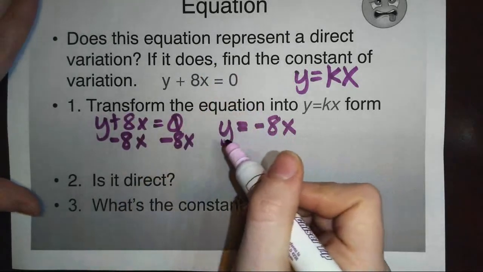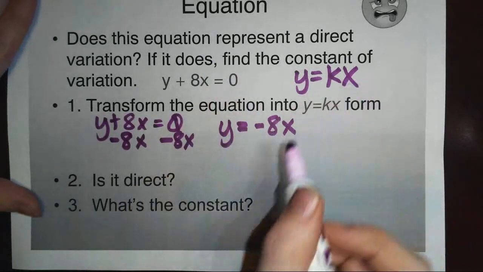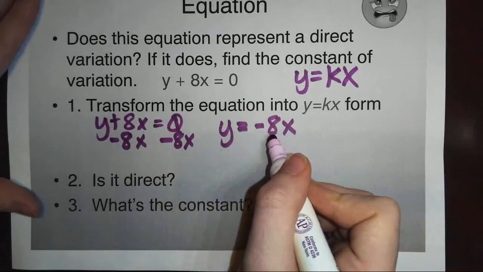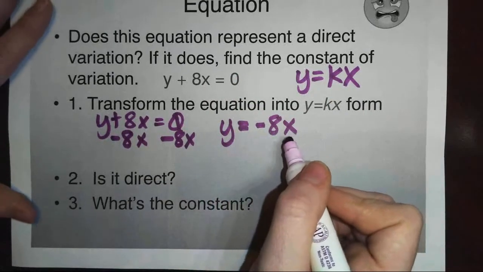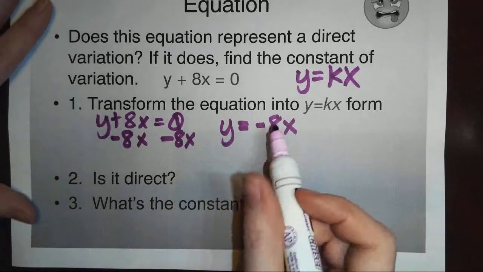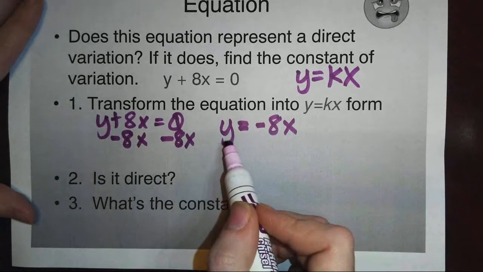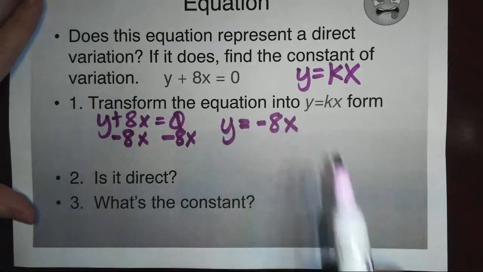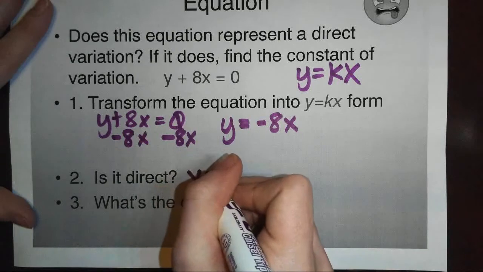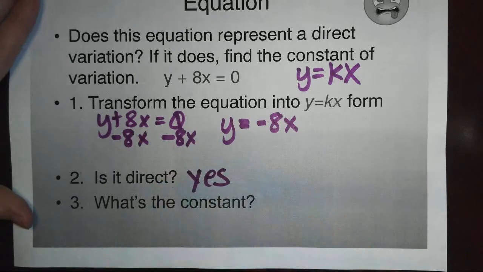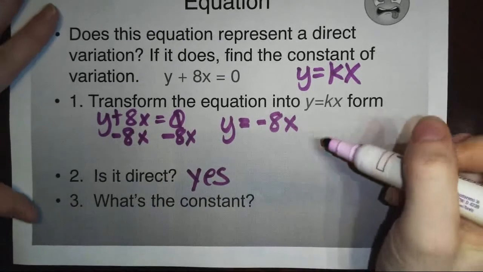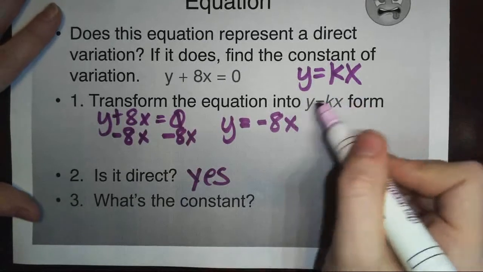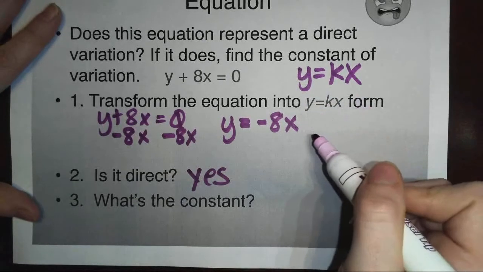Now it's in y equals kx form. So we have y equals some number times x. That tells us that it is a direct variation because we have our dependent variable equals some number times our independent variable. So that is a direct variation. Now, the rules for direct variation equations are you can't be adding anything onto the end or subtracting anything.